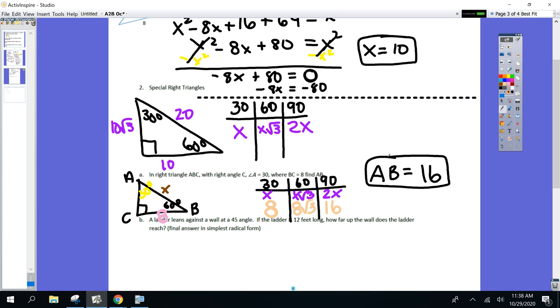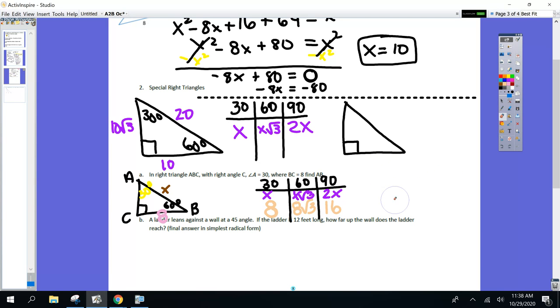You want to show off some knowledge? Nobody remembers the other one? Go ahead, show off. Come on, somebody show off. Is it 90, 45, 45? Mason, my man, right there. Showing off from your geometry days. Who'd you have for geometry back in the day? Oh, God.